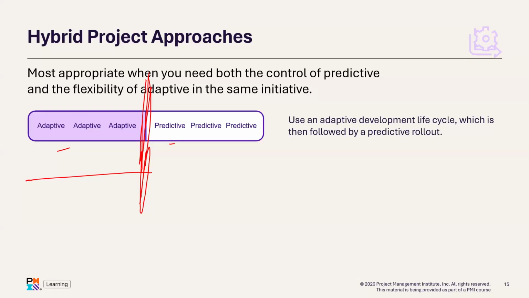So can we say that the exploration phase will be more of adaptive, and then once we want to establish the mine proper, we can use predictive approach? Is that possible? It is. In fact, these are two completely different scenarios.